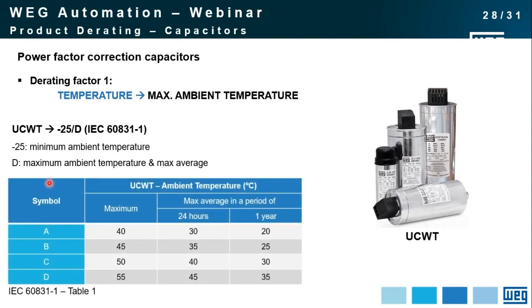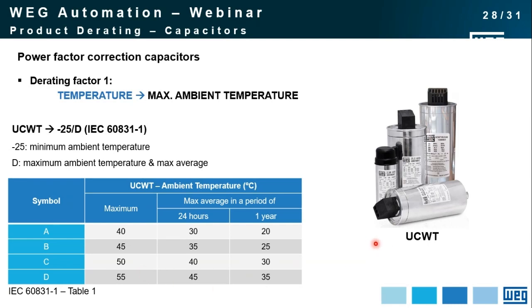To be clear, I'll show you this table that you can find in this IEC standard. As we go up from A to D, the maximum temperature also goes up, not only the instantaneous maximum temperature, but also the maximum average in these periods of 1 day and 1 year, meaning that the higher you go here, the more robust your product is.